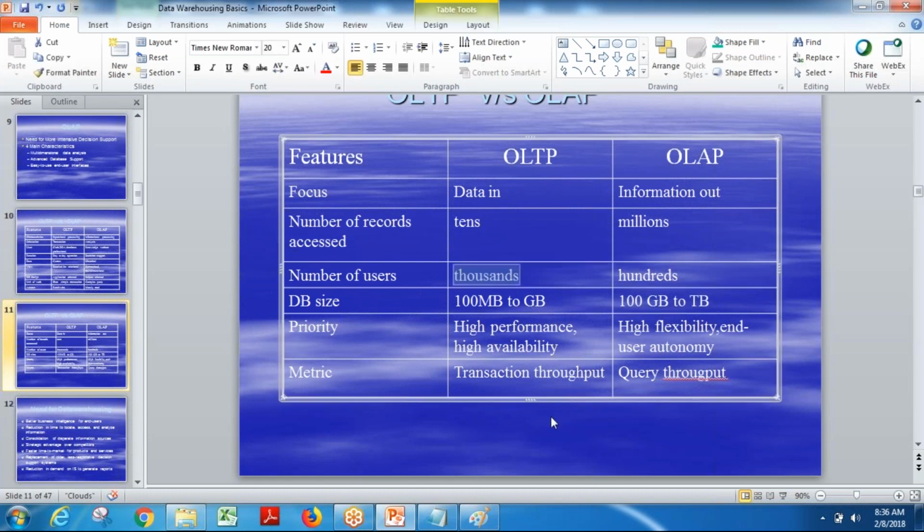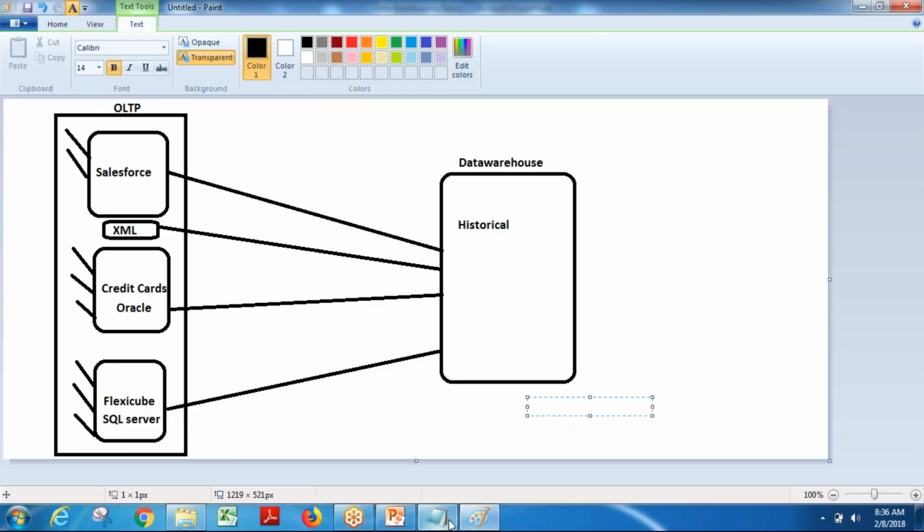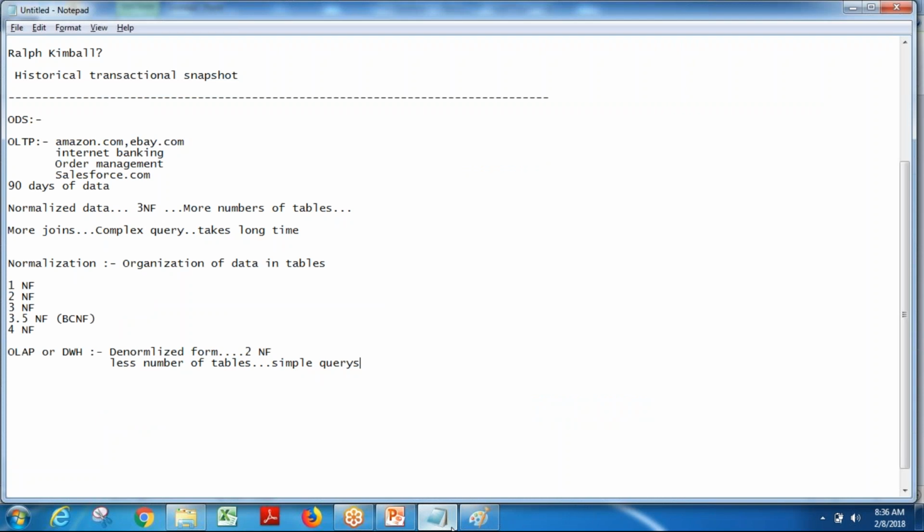So that's how it will be. But if you talk about the number of users who are accessing, let me give you an example. We talked about Amazon.com. As I said, it might be used by the millions of customers Amazon has. But the Amazon data warehouse will be accessed by basically the top level team in Amazon.